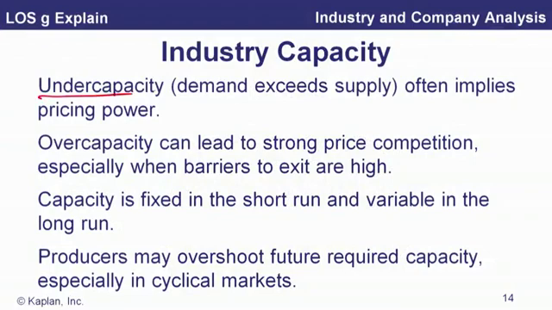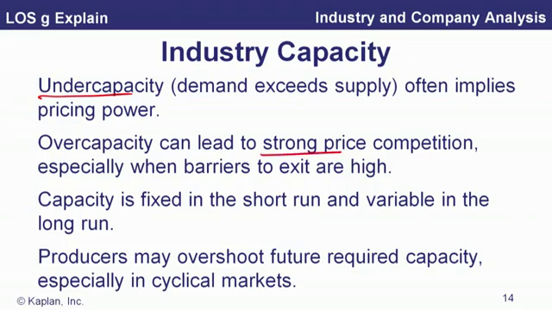Okay, so industry capacity. What is the capacity, the ability to supply relative to demand? If you have under capacity, that is demand exceeds supply, then there's very frequently pricing power, right? You've got people standing in line for your product. They want more product than you can produce. So under capacity does imply very frequently pricing power.